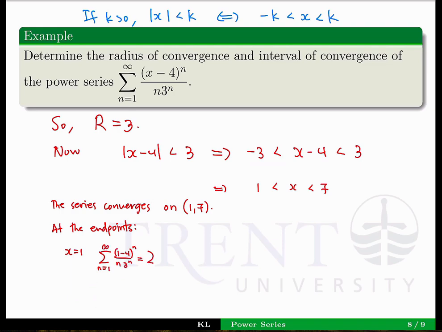This is equal to the series n from 1 up to plus infinity of negative 3 to the n over n 3 to the n. But this one simplifies to negative 1 to the n over n from 1 up to plus infinity. Again, convergent.